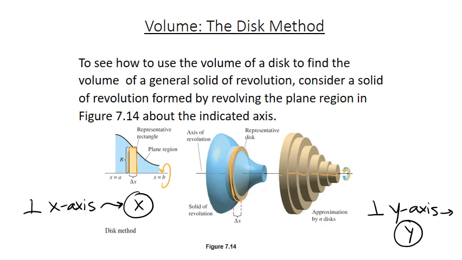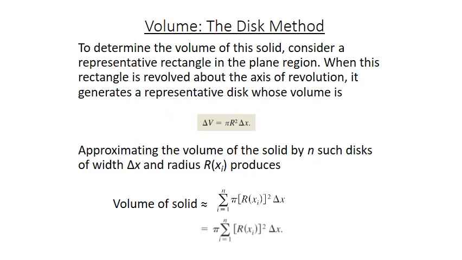Now, again, I'm going to have lots of different representative rectangles, and I want to add them all together. If I add them all together, I'm going to end up getting the volume of a solid, and it's going to be an approximation. That approximation can be written as a sum.